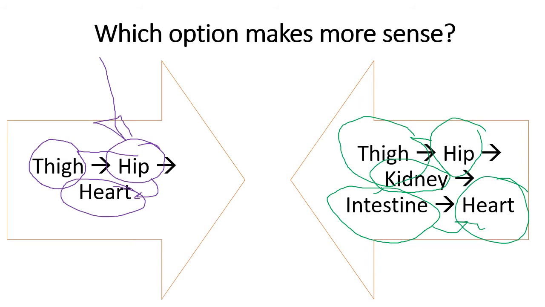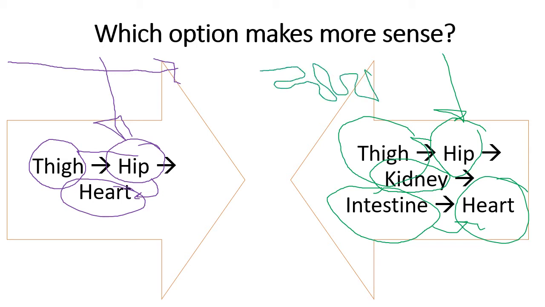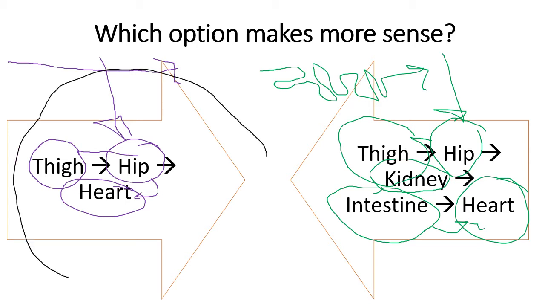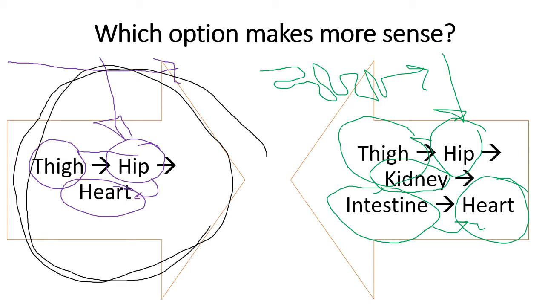This option over here in green, hopefully, doesn't make a lot of sense because instead of traveling on a straight line between 2 points or direct route between 2 points, over here we're saying start here, go over here, wait, go over here, maybe, oh yeah, and eventually we're at the heart. So I am illustrating the point that when you trace between 2 points, you want to think about this side. What is the most direct route between the 2 points?